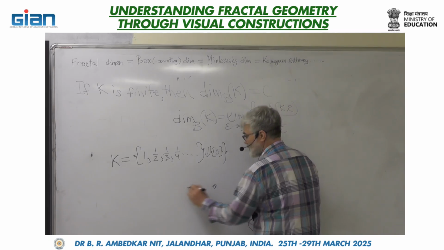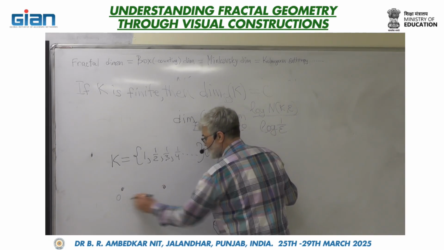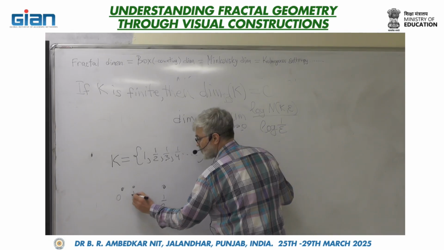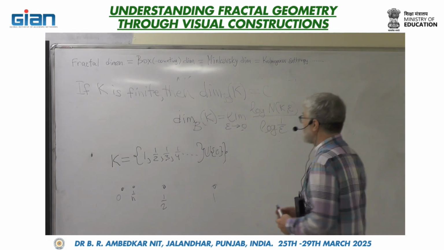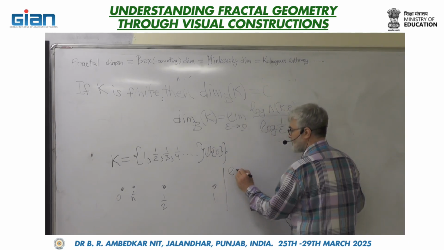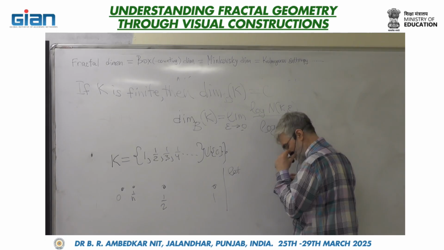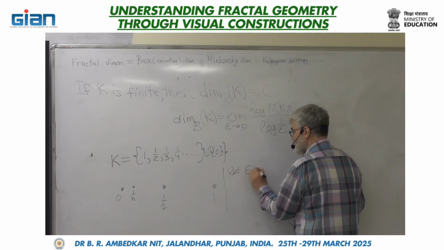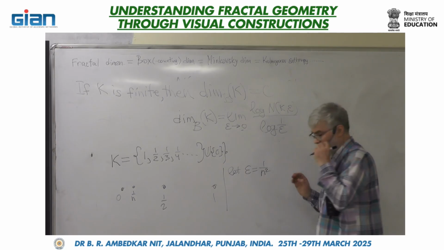So we have this sequence 1, 1/2, 1/3, and here we have 1/n. Let us see what happens. Let epsilon be equal to 1 divided by n squared.